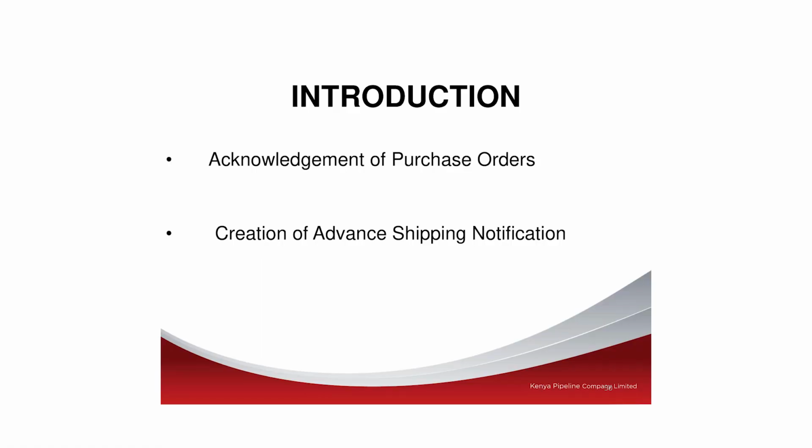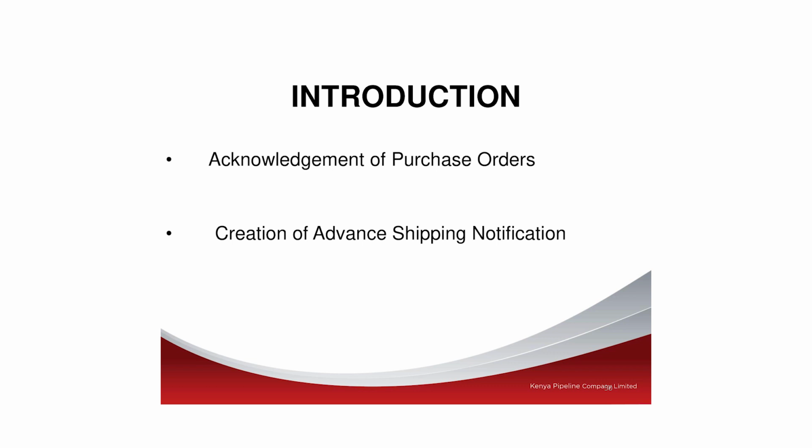The process we are going to go through now is the delivery process. In the delivery process, I will show you 2 processes: how to acknowledge your purchase orders and how to create advanced shipping notification. The advanced shipping notification is actually an advanced delivery note.